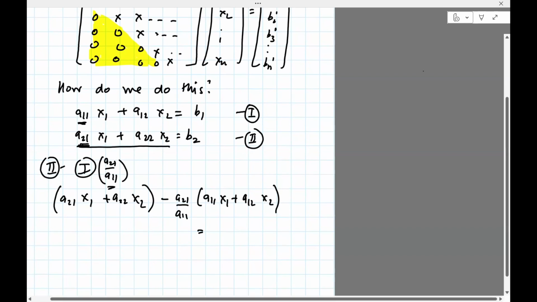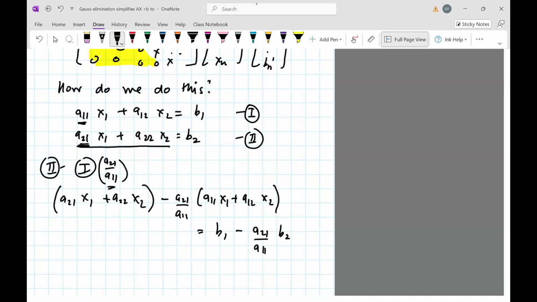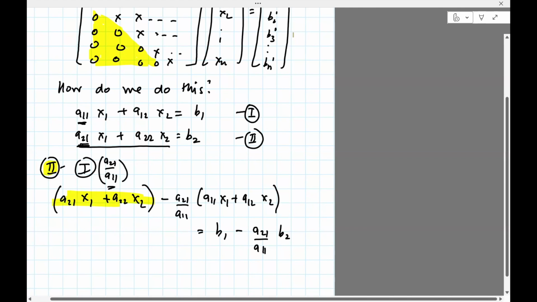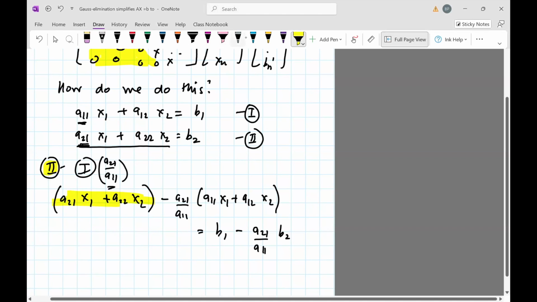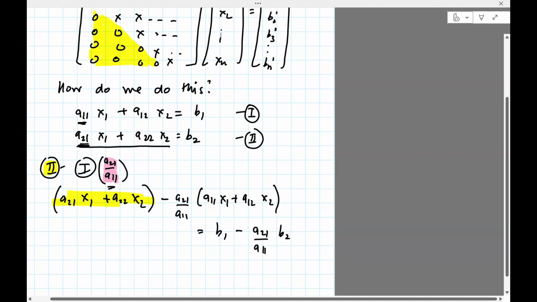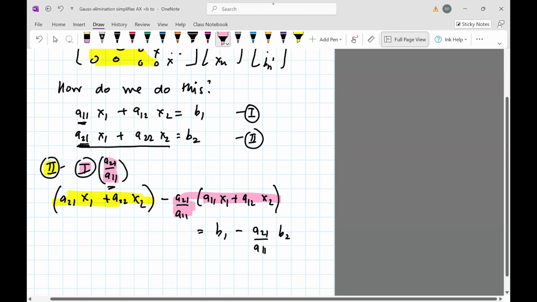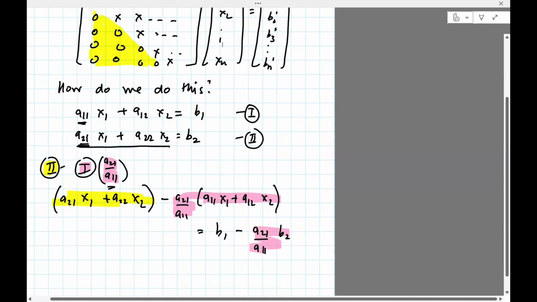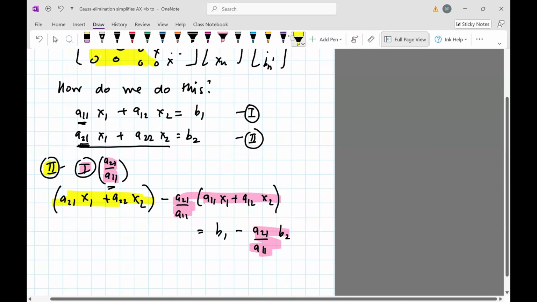The right-hand side, you have to do the same thing. The first equation minus a21 a11 b2. So this part is right here. This part is this. So you need to do the same thing on both sides. So I did the same thing here, and then same thing here.